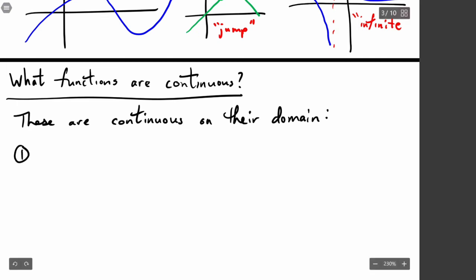So 1, we have polynomials. These are always continuous, no matter what. These are continuous everywhere.